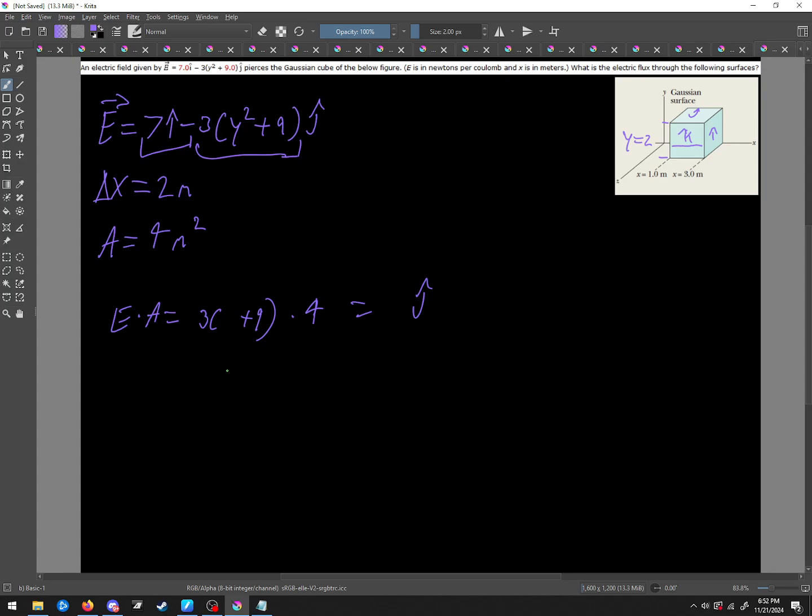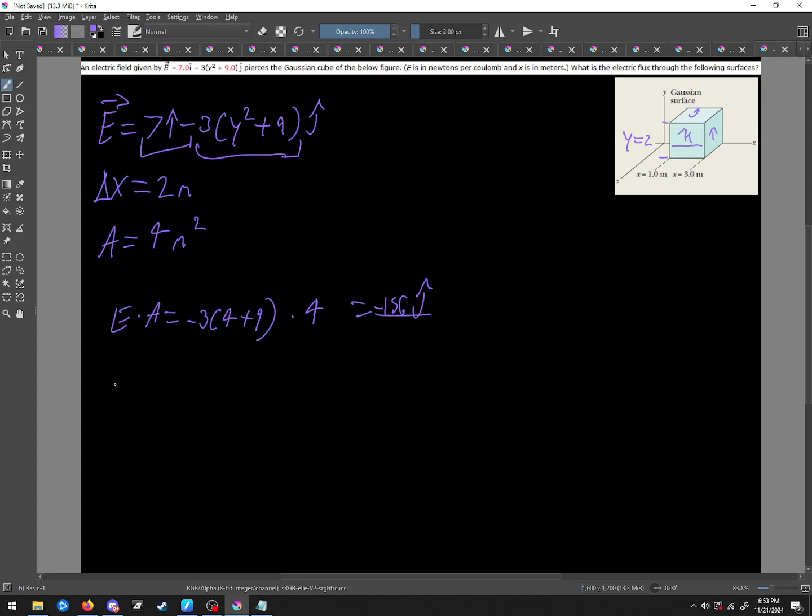It should be negative, maybe. I'm thinking that's right. What is 2 squared plus 9? 13 times 3 times 4. 156. Okay, sorry, I'm very bad at math. So this is actually negative 156 j hat. Okay, that's the correct answer.